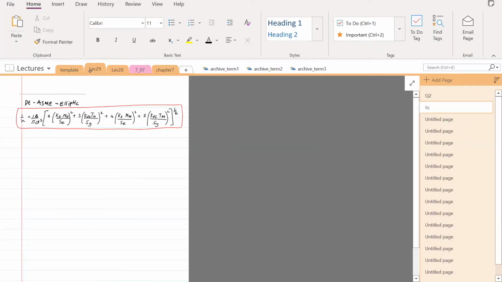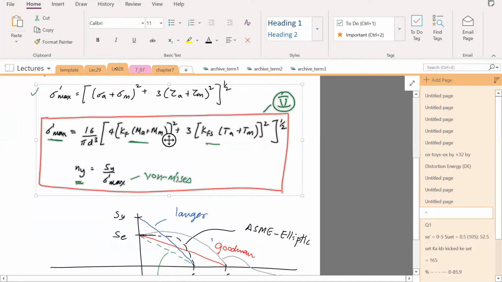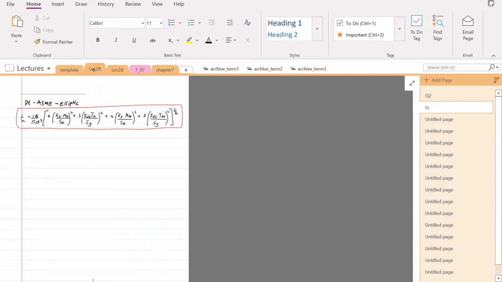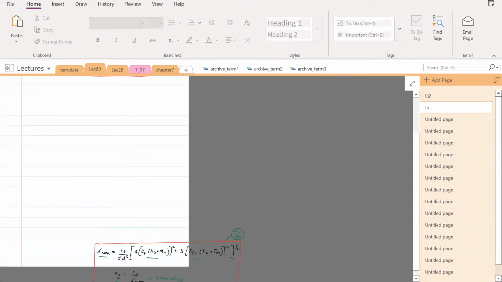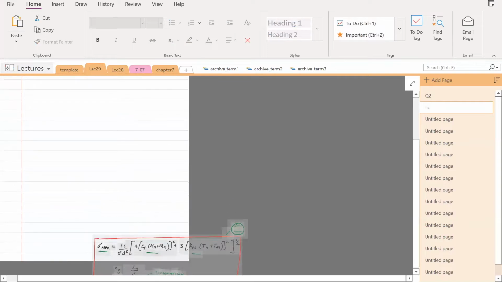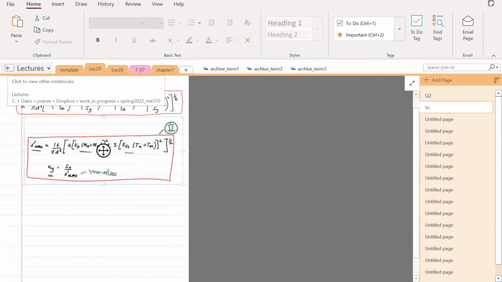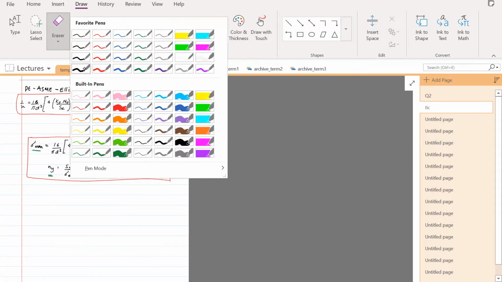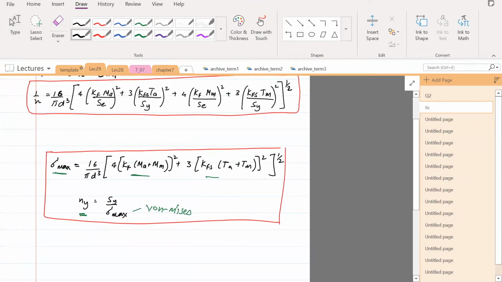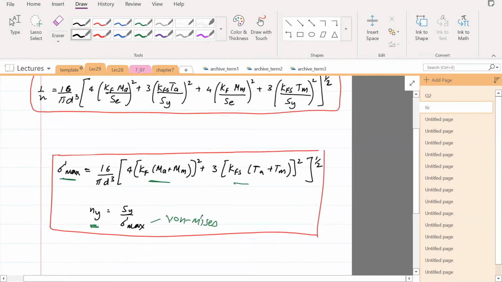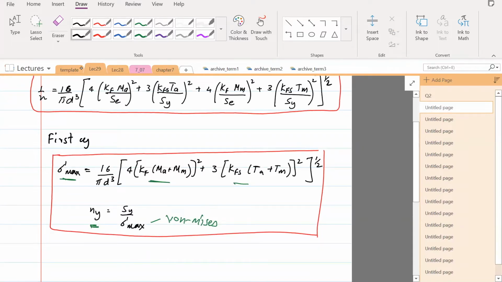And a better way to copy these things. I think I'm making a mistake in pasting it. Okay, so this is the first cycle yielding.